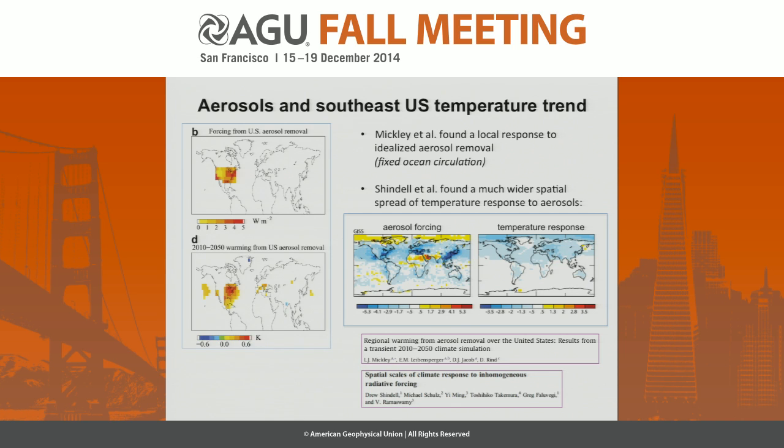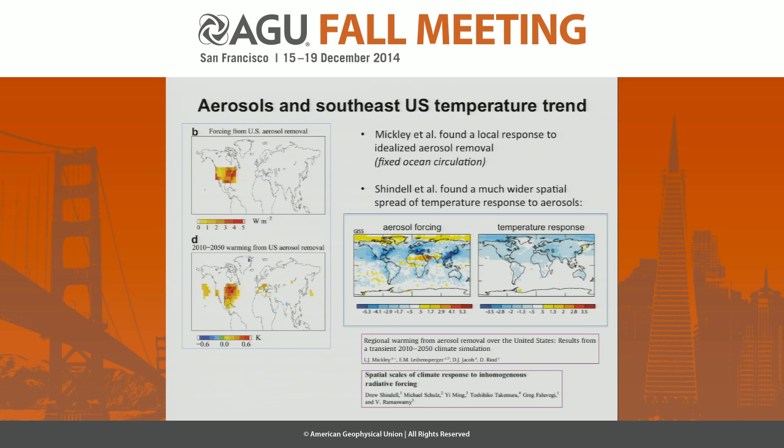So in this paper by Mickley et al., they removed the aerosols from the eastern U.S., from all of the U.S., and got this forcing pattern, and then got this temperature response. So the temperature response in this case looks a lot like the forcing pattern. On the other hand, in the paper by Shindell et al., this is a global aerosol forcing, so they're not looking at specific regions, and this is the temperature response.